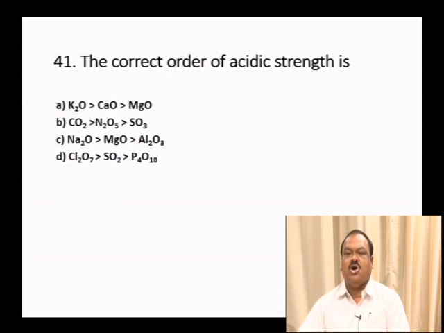The correct order of acidic strength is, when we observe the following options: potassium oxide belongs to the first group of elements, alkali metals. It is basic in nature. Calcium oxide is a base. Magnesium oxide is also a base. So all three are bases. This does not come under the answer at all.